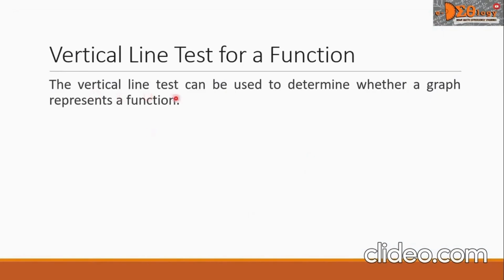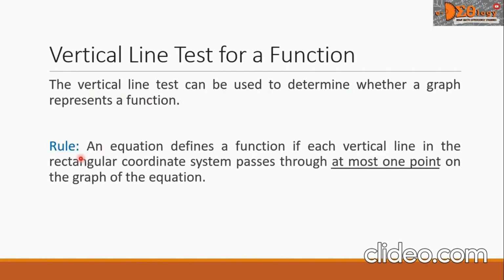The vertical line test can be used to determine whether a graph represents a function. As a rule, an equation defines a function if each vertical line in the rectangular coordinate system passes through at most one point on the graph of the equation.